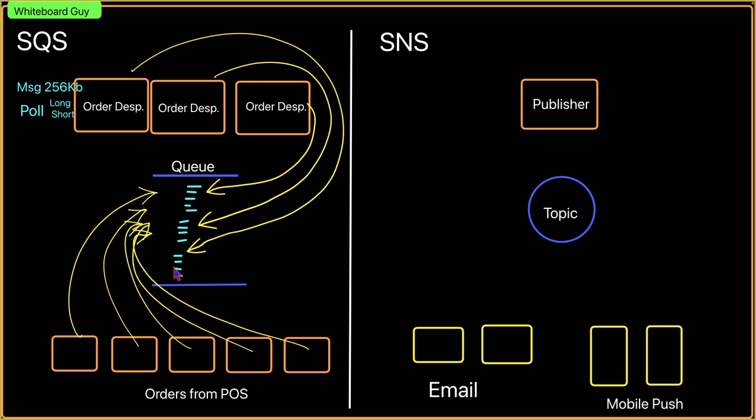Now, if I shift over to the other side, a simple notification service, this service we typically see as a pub-sub service. So there's a publisher. The publisher will go and publish to a topic. Now you'll have subscribers. And what a subscriber will do is, and these at the bottom could all be subscribers, and those subscribers could be accessing these services that I have.